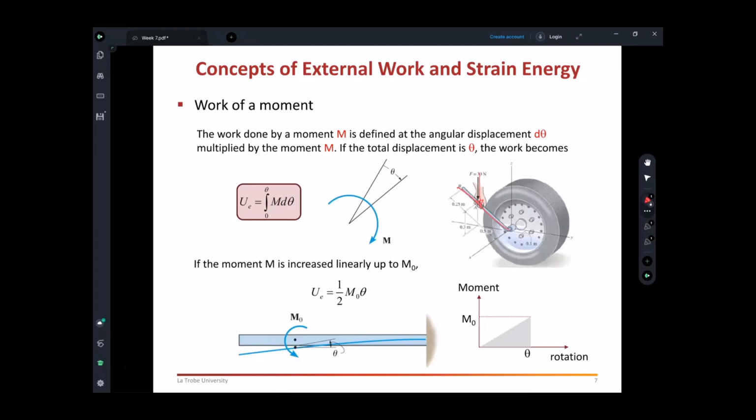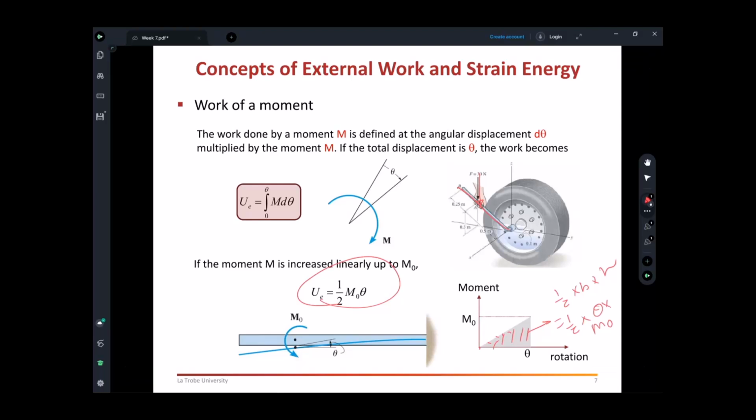If you have a beam, again the beam has a moment, and this moment will increase linearly. There is zero moment at the start, and then you increase the moment little by little, and the rotation will increase as well, in line with the moment. In that case, the area under this triangle is 1/2 times base times height. So 1/2 times theta times m0 will give you this external work done.